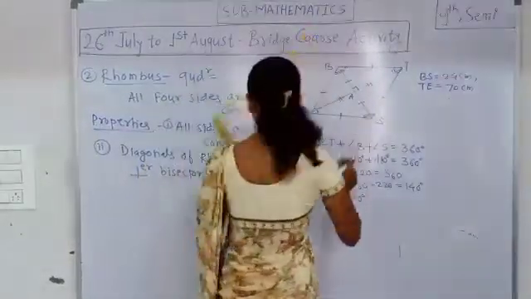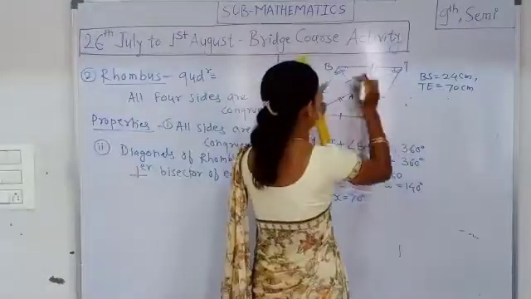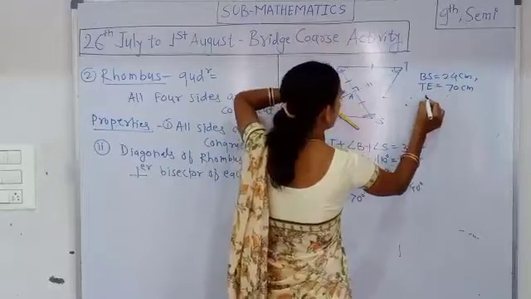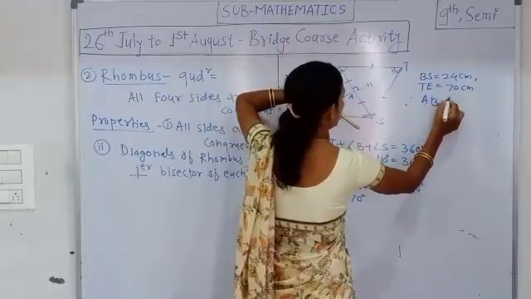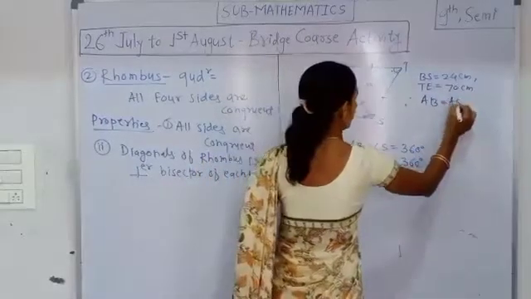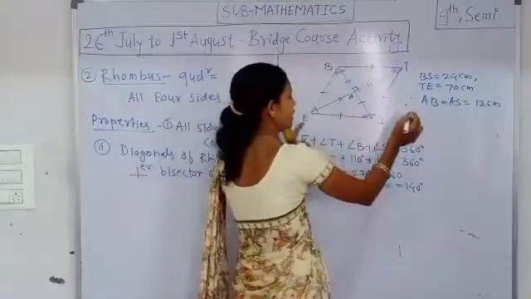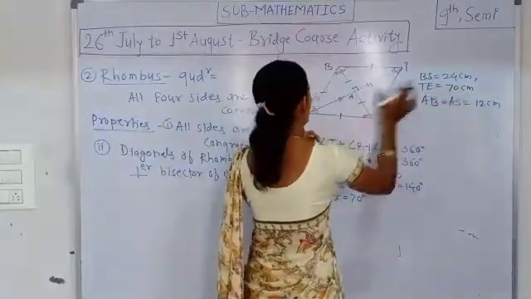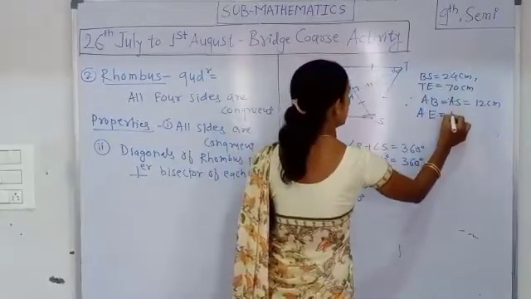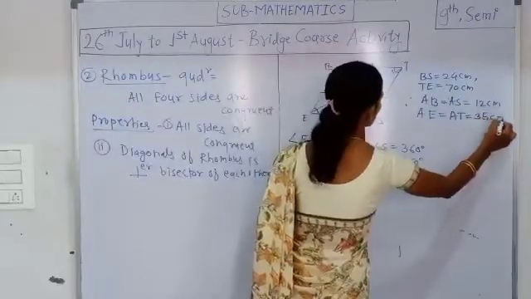Using this property, diagonals bisect each other. Therefore, as BS is 24 centimeters, AB or AS is 12 centimeters. As well as ET is 70 centimeters, therefore AE and AT are 35 centimeters.